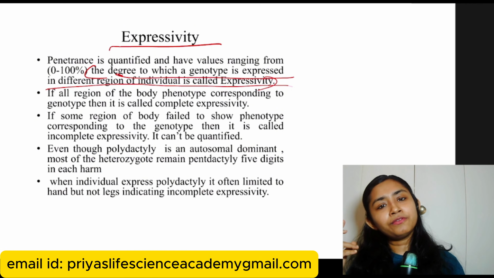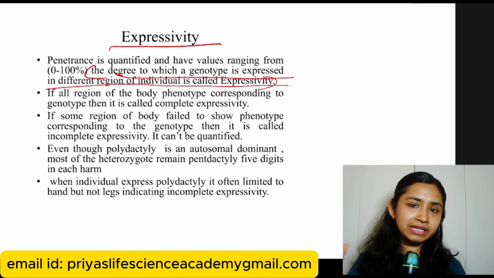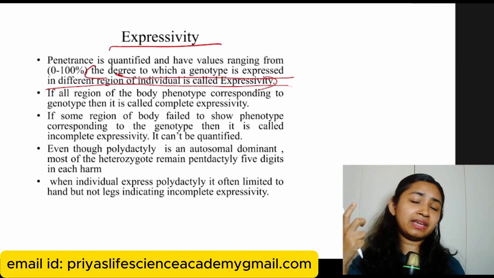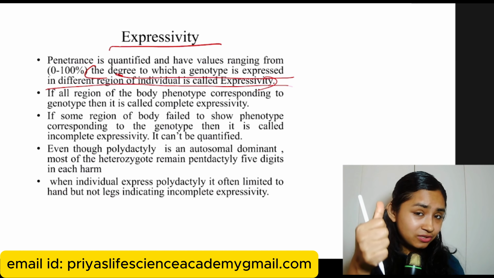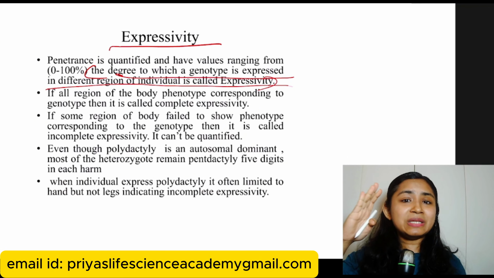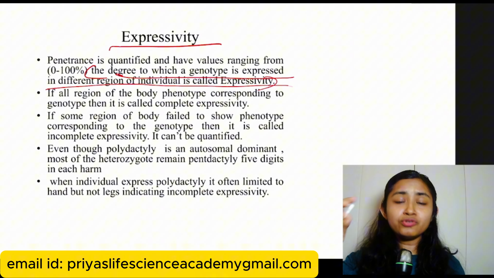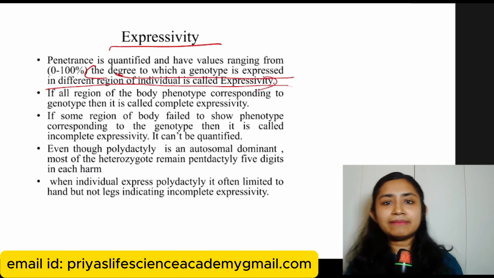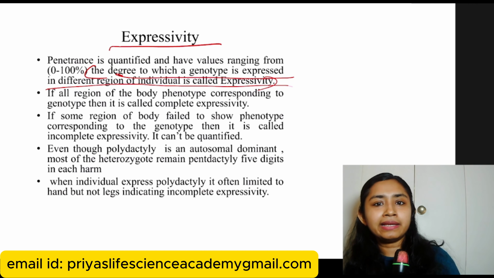I gave you the example of penetrance, polydactyly, that is extra fingers, which may be in the hand or in the toe. So expressivity defines the degree to which a genotype is expressed in different regions. It can be in hands, it can be in legs, okay?